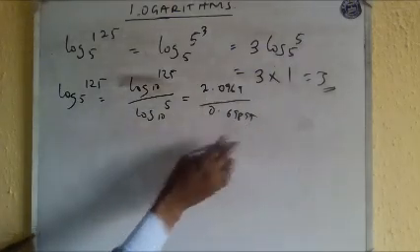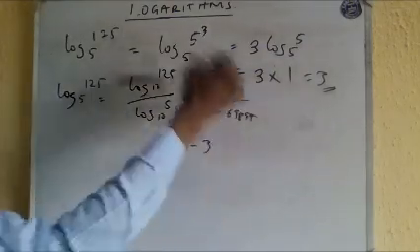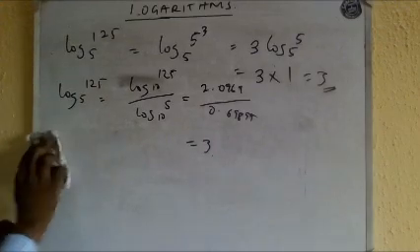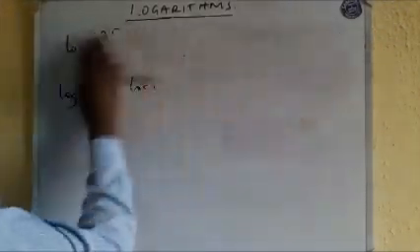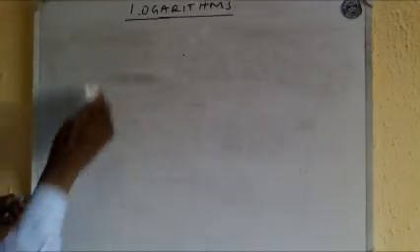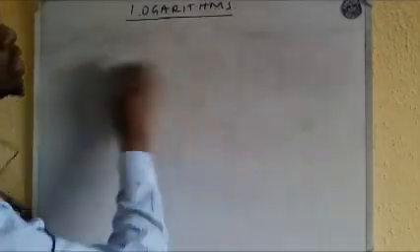So when you do this division, it will give you 3. But I think this one is a better option. So for you to know how to apply the laws, like I said, let the laws be at your fingertips so that anytime you can call them out and use them for your calculations.